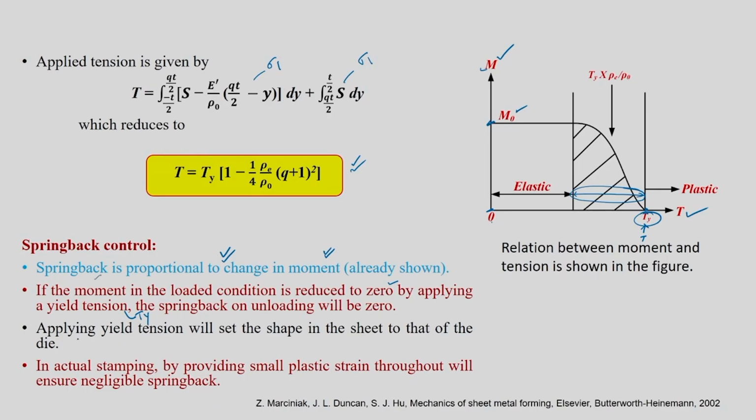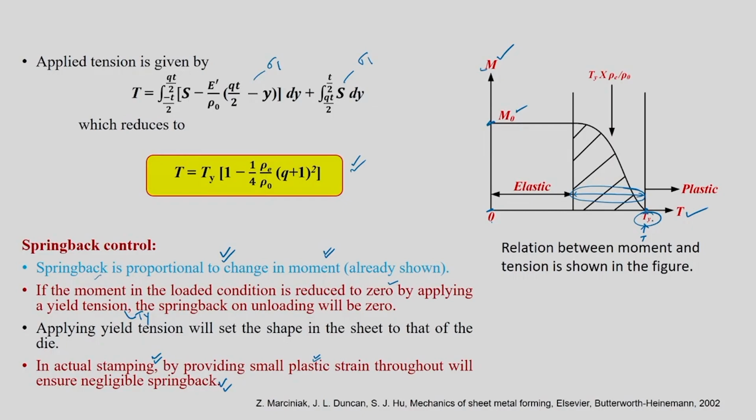It also means that applying yield tension will set the shape of the sheet to that of the die. If you provide some yield tension, it will give a nice shape to the sheet as per the die. So, in actual stamping, by providing a small plastic strain throughout the section, created by converting tension into yield tension and pushing it forward, you will ensure negligible spring back.